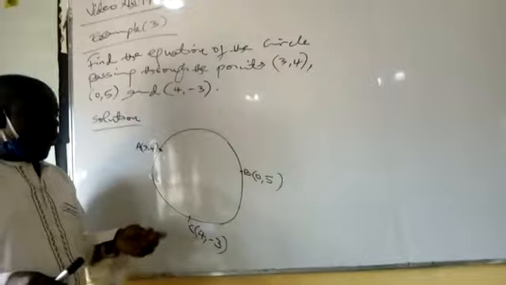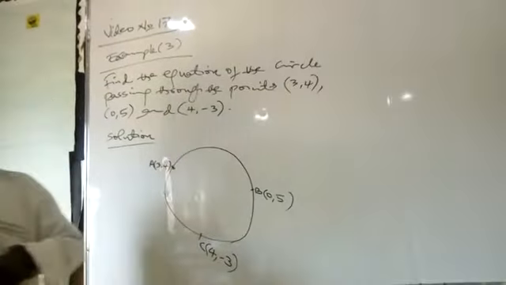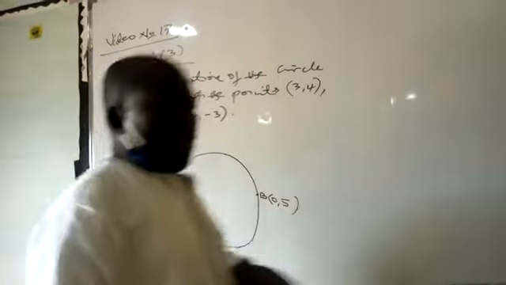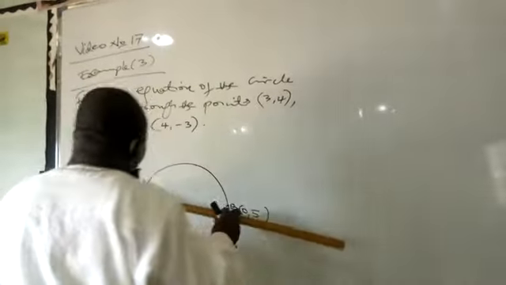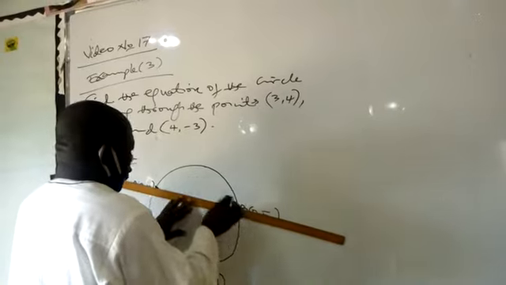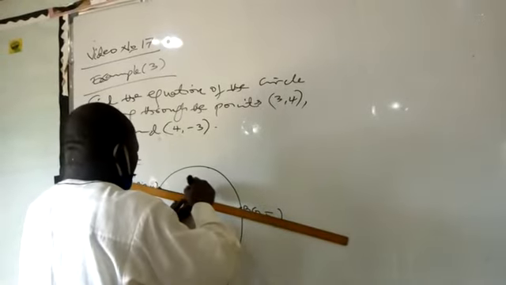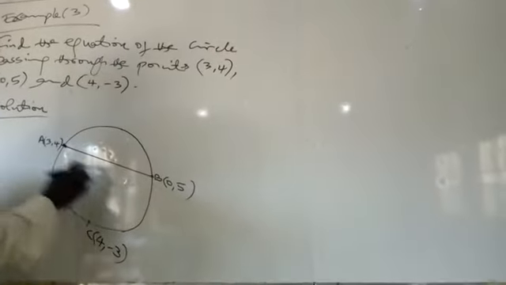The next thing now is to draw chords to join at least 2 chords. In order not to waste time, we are not going to draw more than 2 chords. I'll draw the first chord to join points A and B. So that is the first chord, called AB.